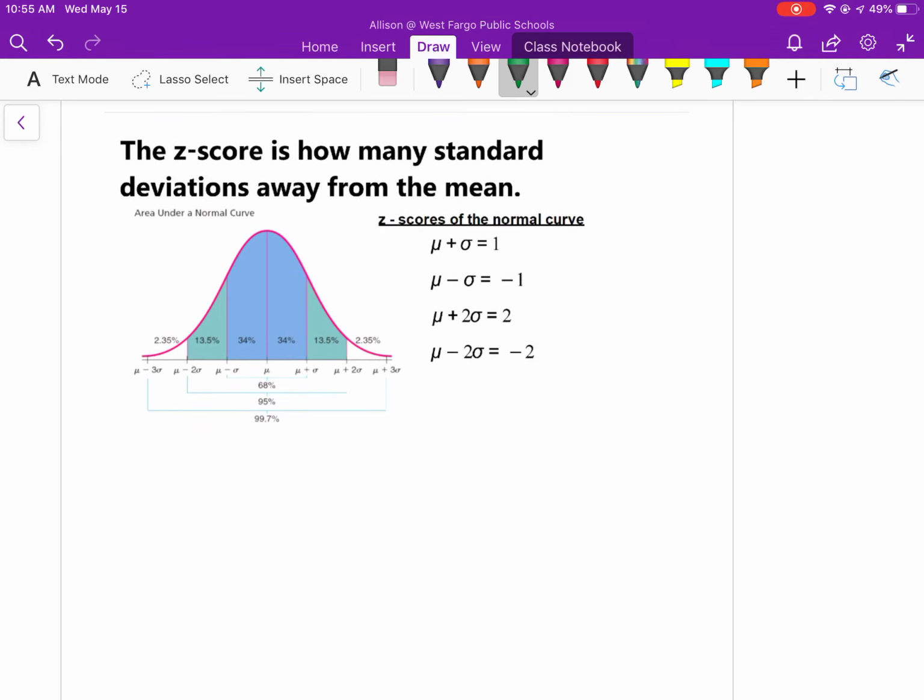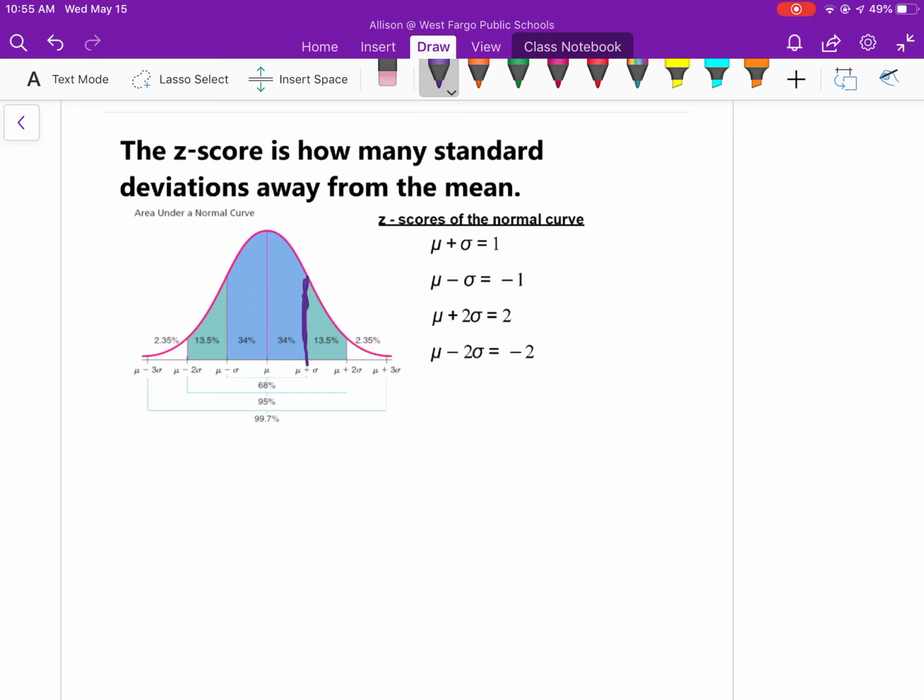So how are Z-scores related to the standard deviation? Z-scores are how many standard deviations away from the mean. So if your average is in the middle, then you find the standard deviations away, 3 to the right, 3 to the left. Now, the Z-score for 1 standard deviation away from the average, so right here, would be positive 1.